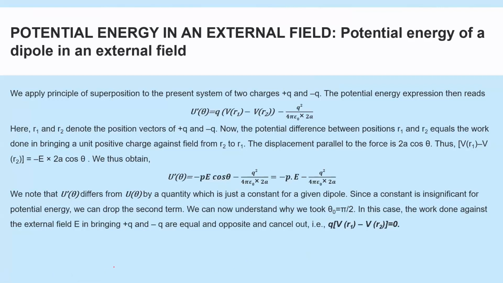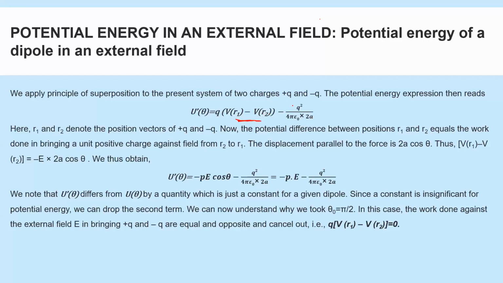Now applying the superposition principle, where we are having two charges, plus q and minus q, the potential energy will now be the charge multiplied by the potential difference between the two point charges, one at R1 and one at R2.